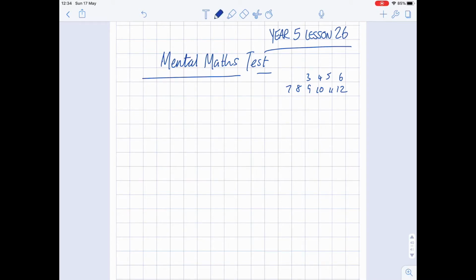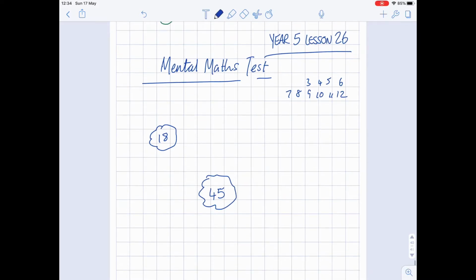Question 3. Subtract 18 from 45. Question 4.